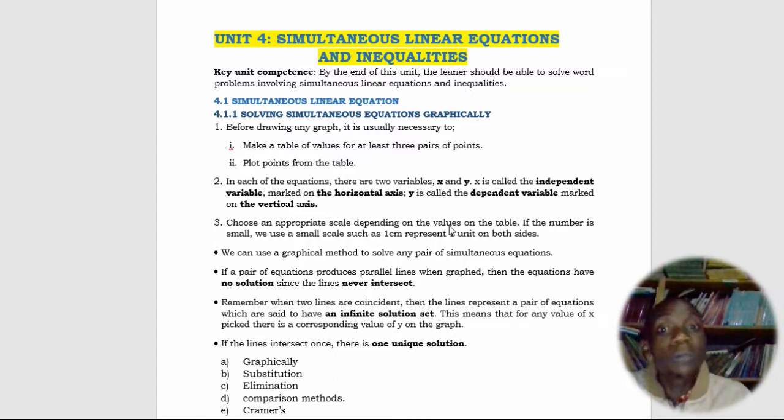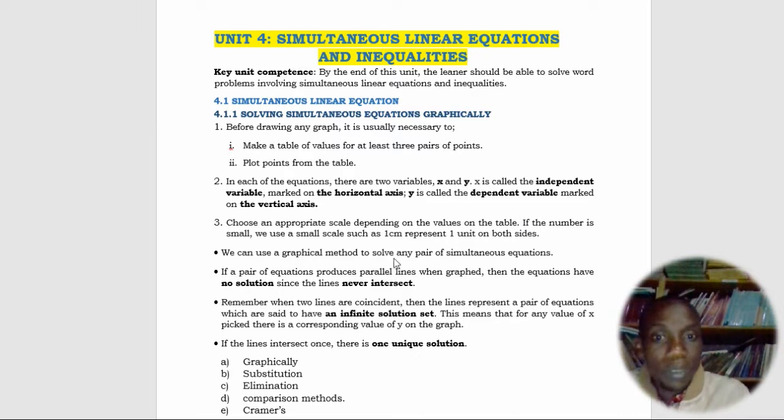But if you have big numbers or a large range of numbers in the table, you have to take, for example, 1 centimeter to represent 10 units. But make sure that the scale on the horizontal axis is the same as the scale on the vertical axis.